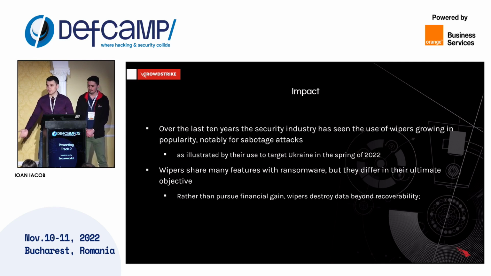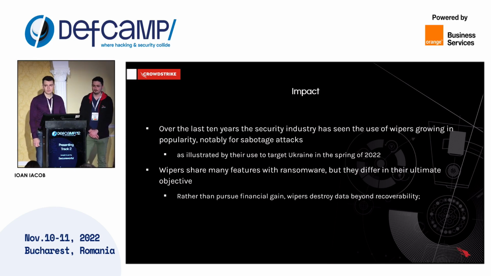We analyzed the wiper families that we've seen in the wild from the past 10 years, and the majority of them were this year alone, in 2022, and we have seen that they didn't necessarily increase in complexity. They tend to share features from other wipers that were seen back in the day. They also share some features with ransomware.